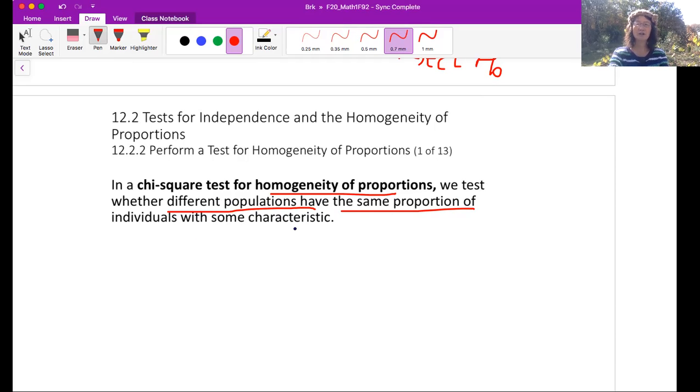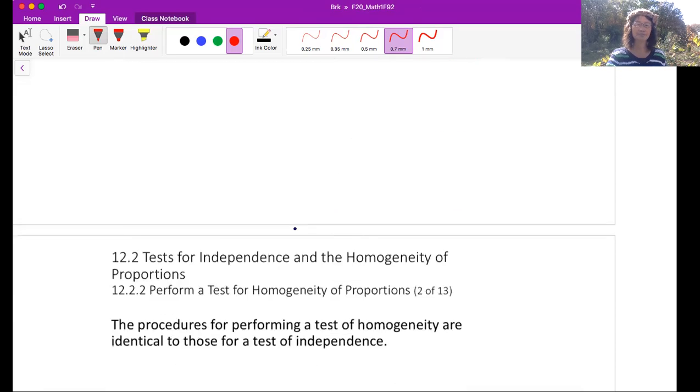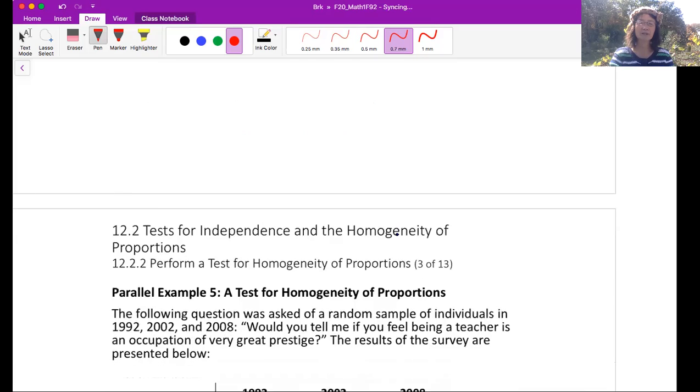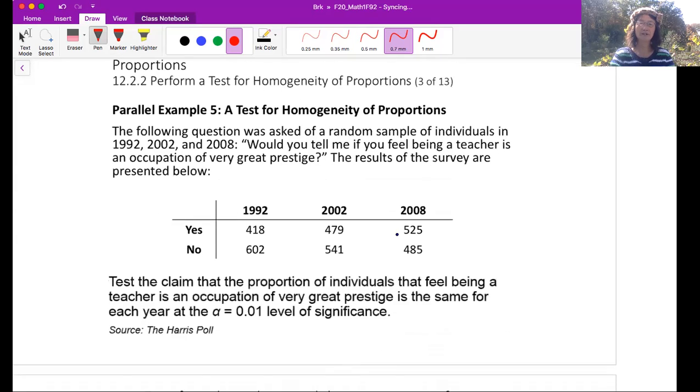In short, whether we have the same proportion for different populations. The procedure for the test of homogeneity is exactly the same as what we did before for the test for independence. So let's do this example.